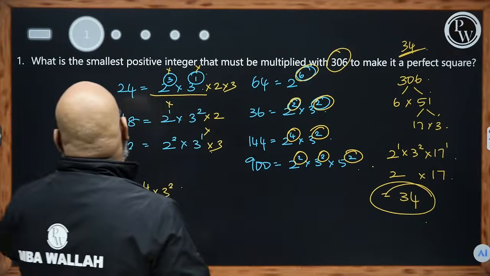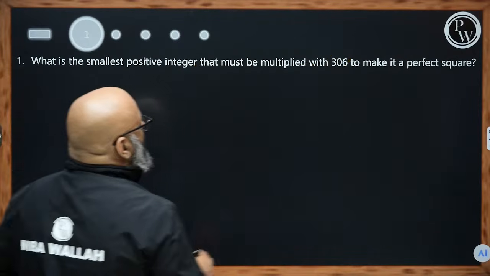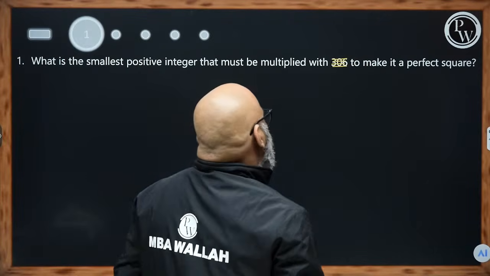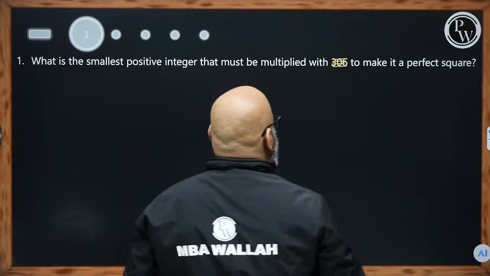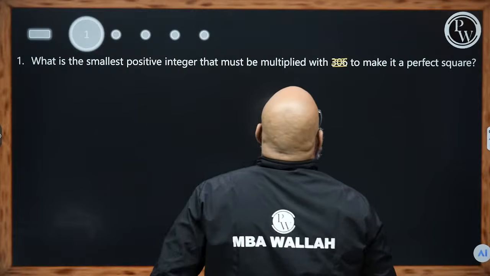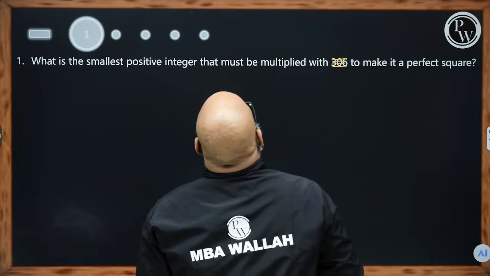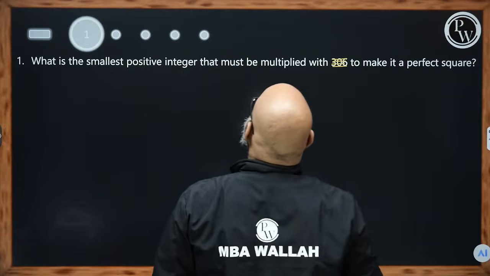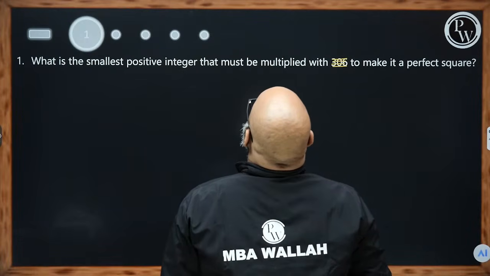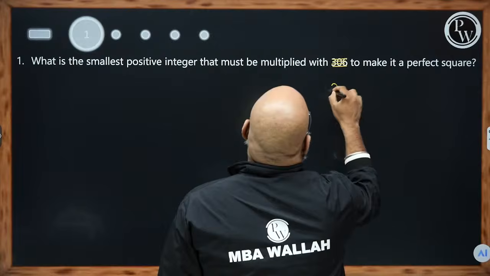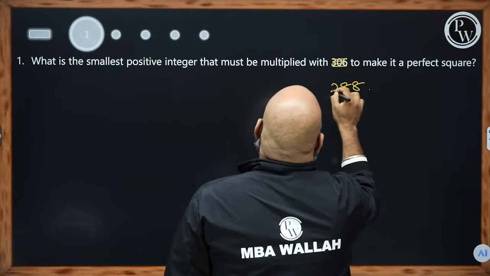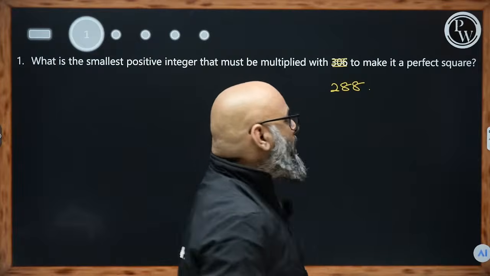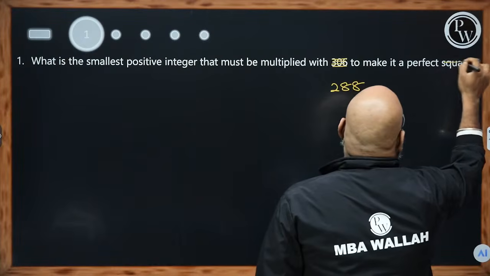Now, what should you do to make a number a perfect? Let me make one small change here. Instead of 306, let me say 270. What is the smallest positive integer that must be multiplied with 288 to make it a perfect cube?